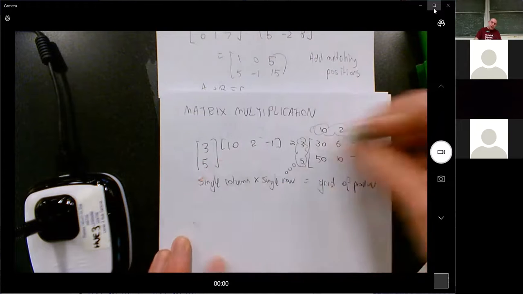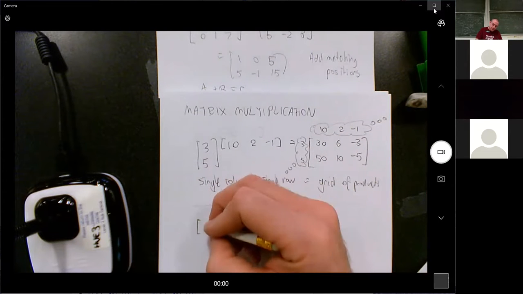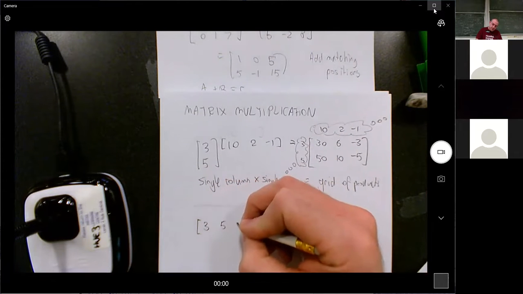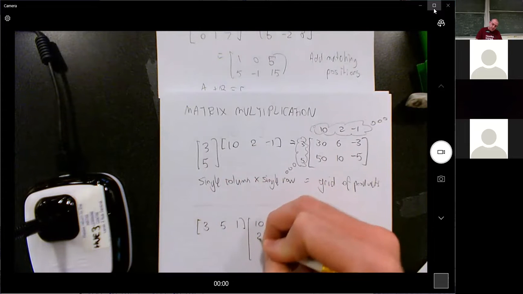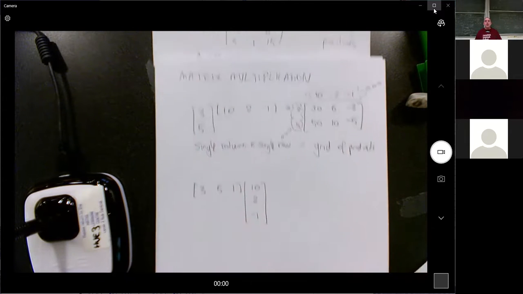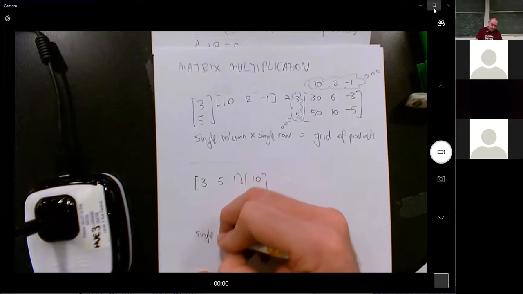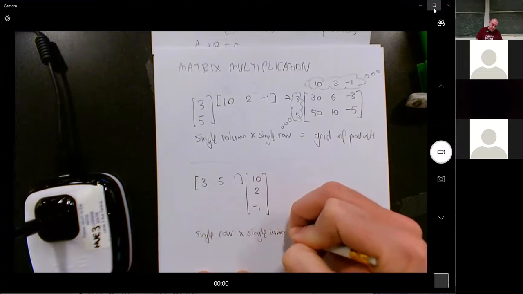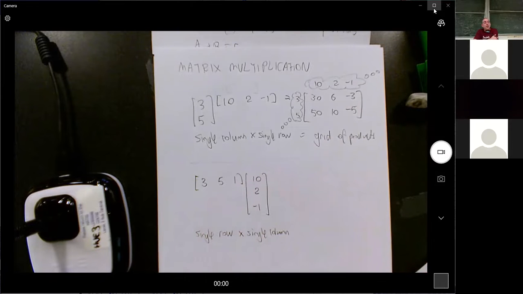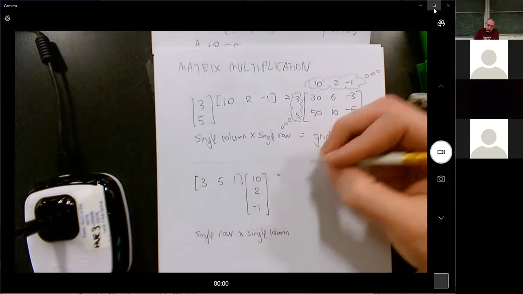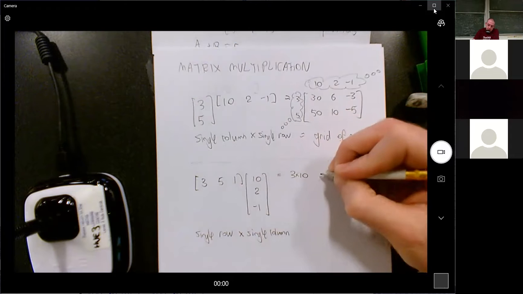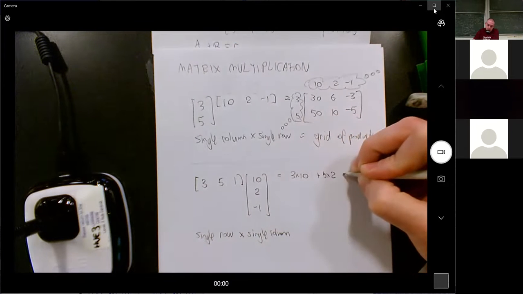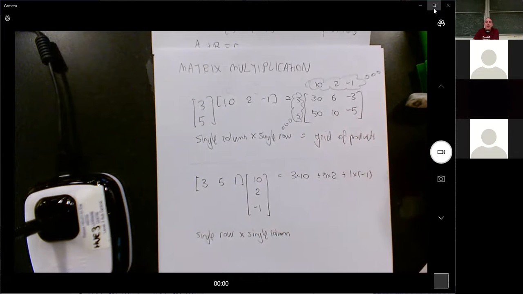is to have a single row by a single column. So if you do a single row by a single column, the way the process works is that you multiply the matching positions and you add them up.